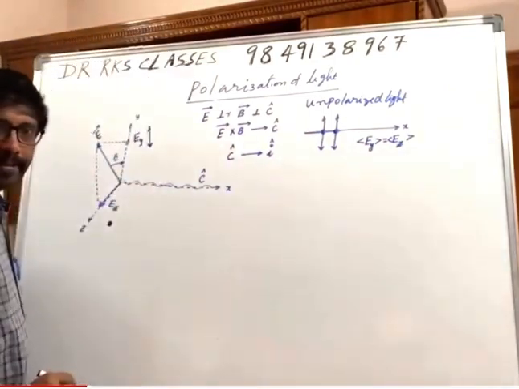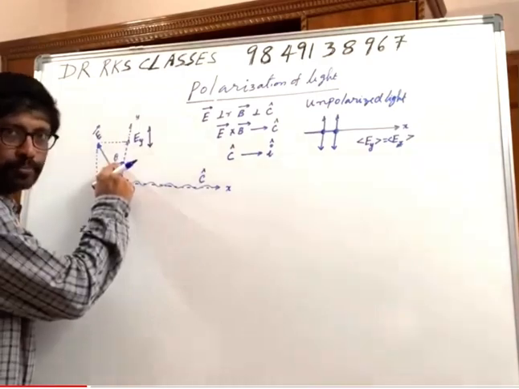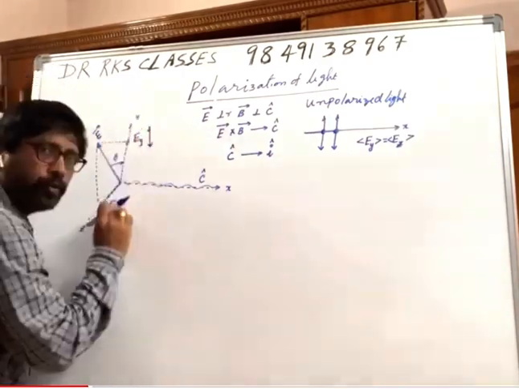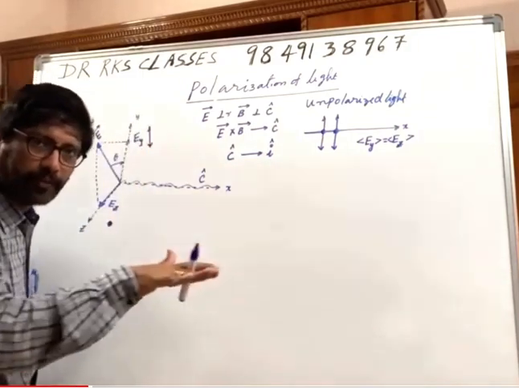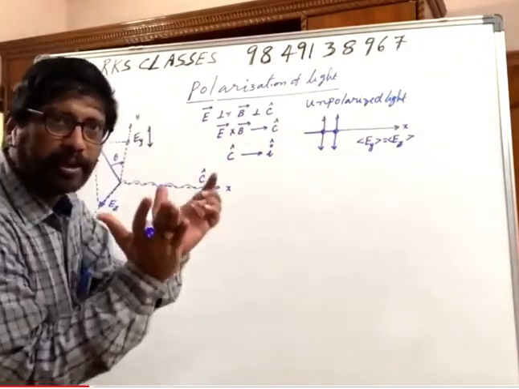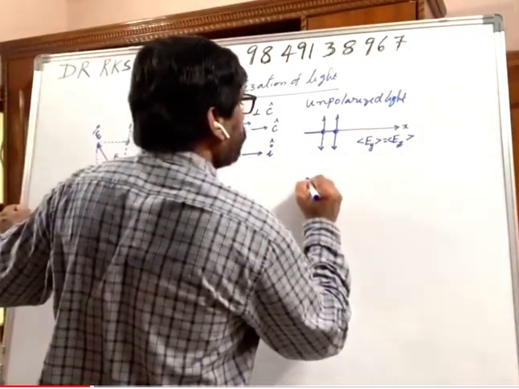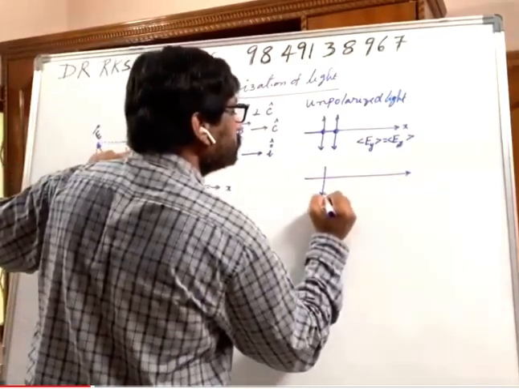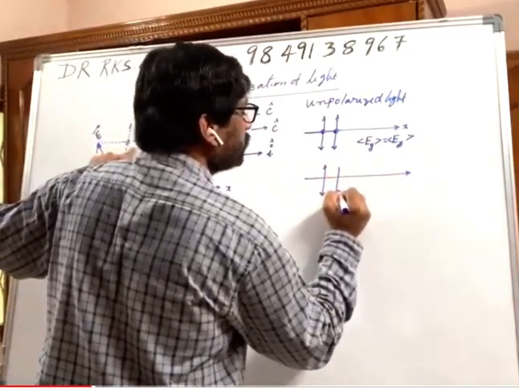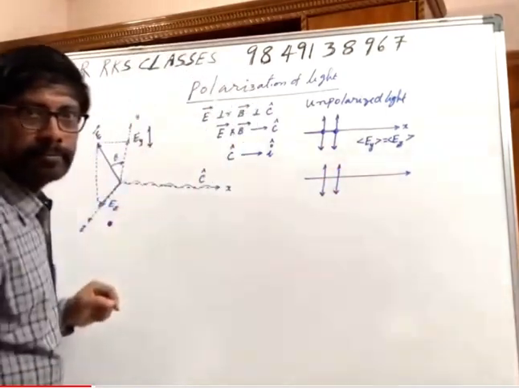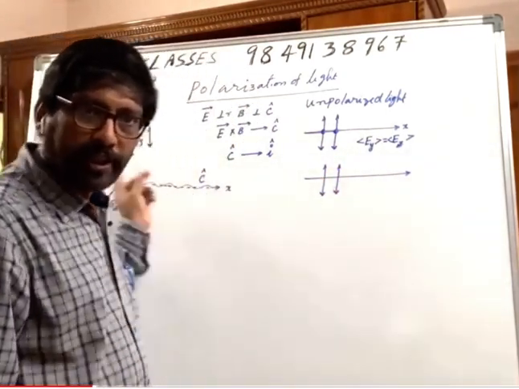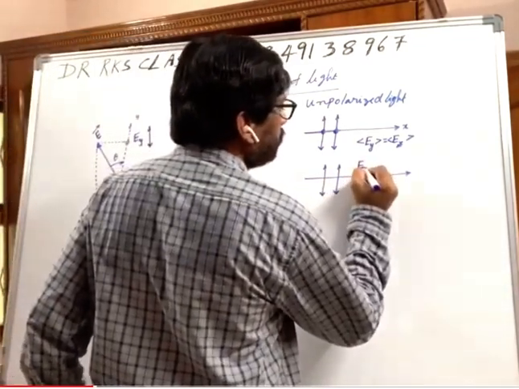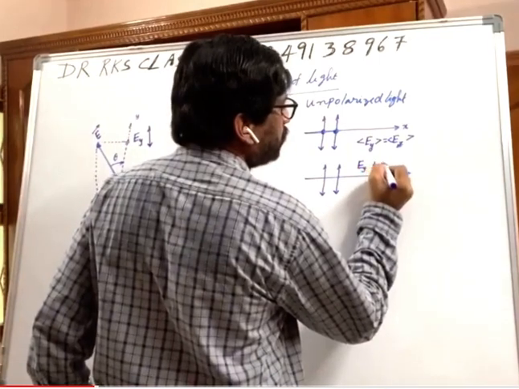Now, let us say theta is 0. Theta is equal to 0. Always the electric field along y-axis only. Naturally, magnetic field along z-axis. If one is fixed, automatically the other one is fixed. So only the double arrow is there. There is no dot if theta is 0. And this means the average y component is not equal to 0.